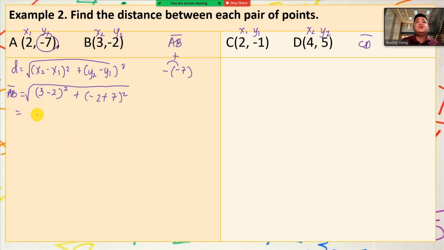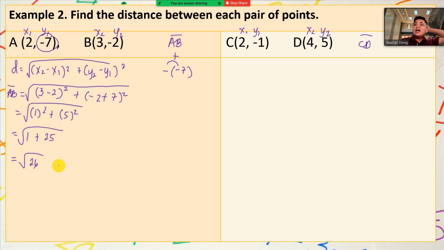Now, let's proceed. So 3 minus 2 is, for those who are watching, you can try using your calculators by substituting directly. So 3 minus 2 is 1 square, and then negative 2 plus 7 is 5 square. Then extract the root, 1 plus 25. So 5 square is 25. Then 1 plus 25 is 26. So the square root of 26 is the answer.